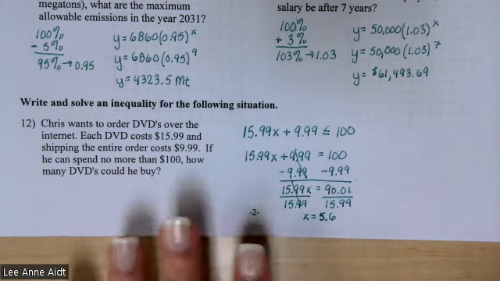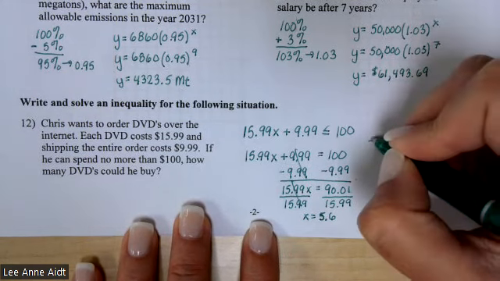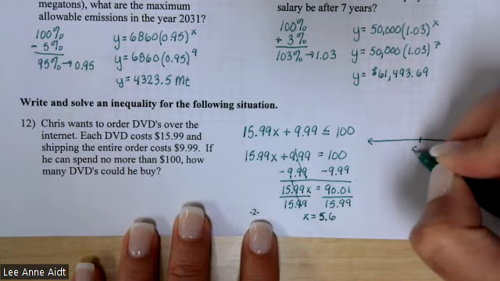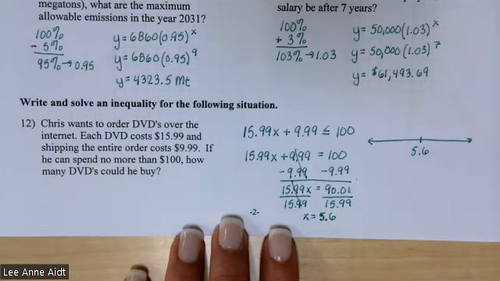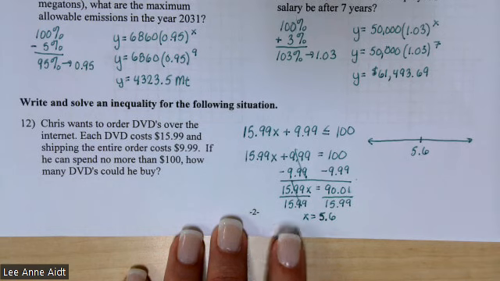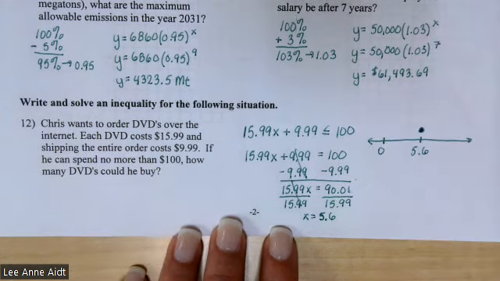Okay, so hold on. We're not done. Open or closed? Closed. 0 would be over here.